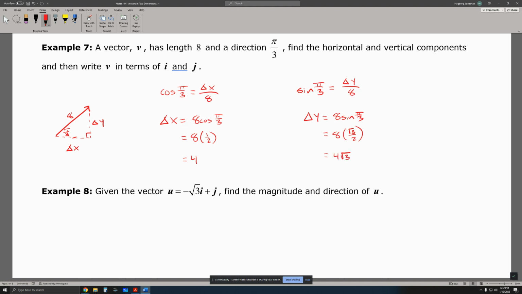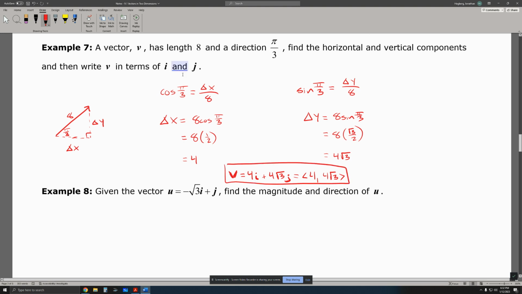Okay? So vector v in terms of i and j is equal to 4i plus 4√3 j. And as always, please bold those vectors. In component form, this is <4, 4√3>. All right?